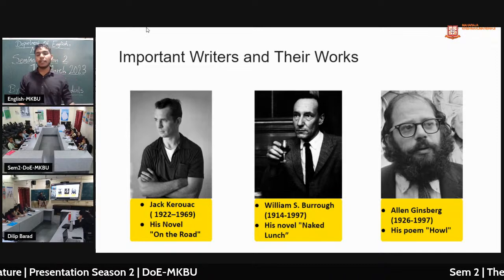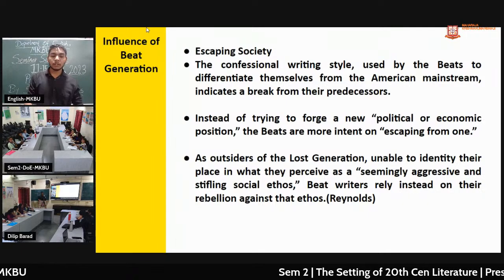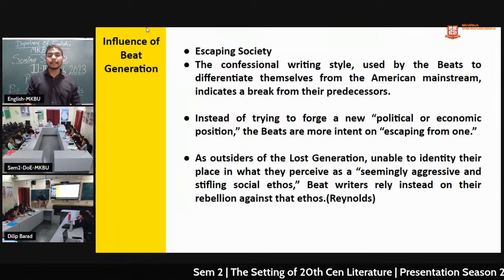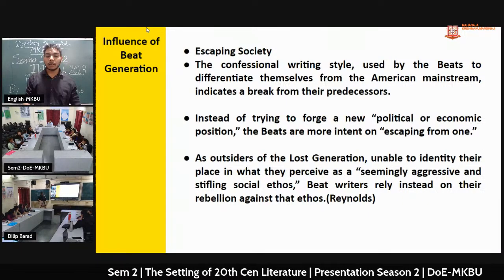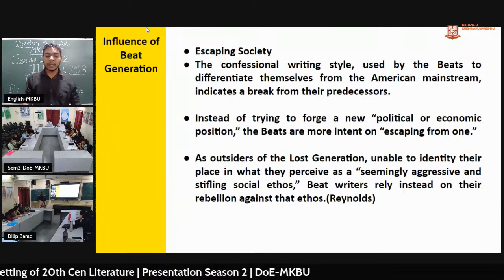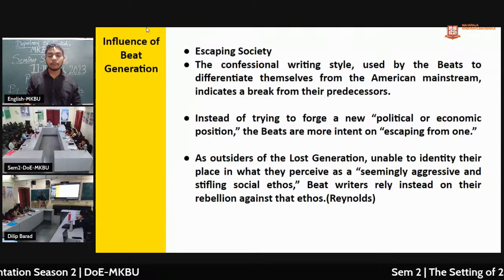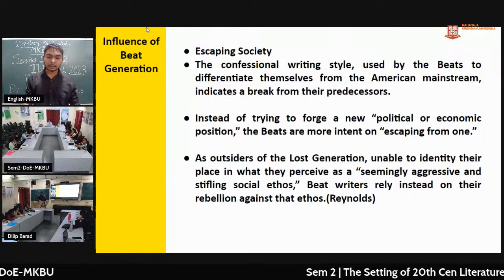The influence of the Beat Generation. The writers of the Beat Generation wrote about escaping society. The confessional writing style used by the Beats to differentiate themselves from the American mainstream indicates a break from their predecessors.